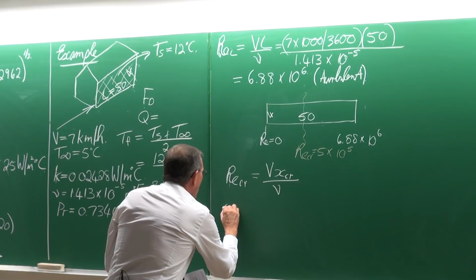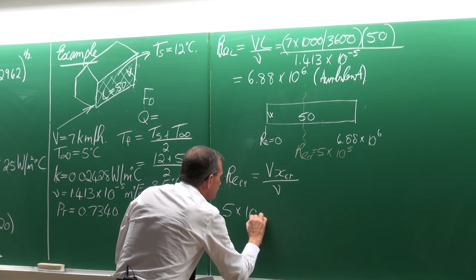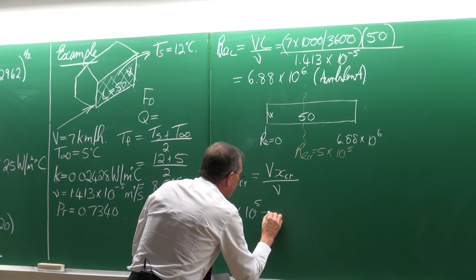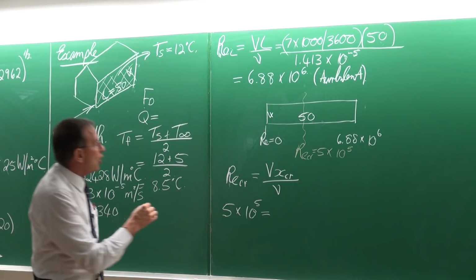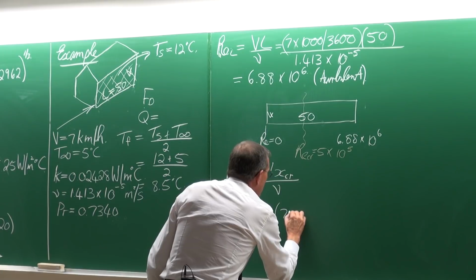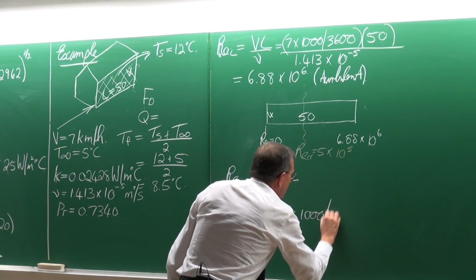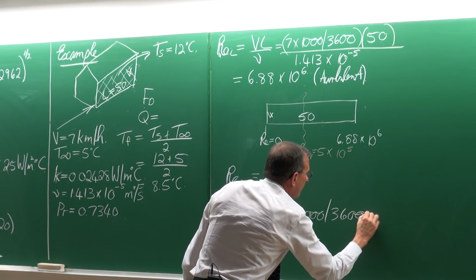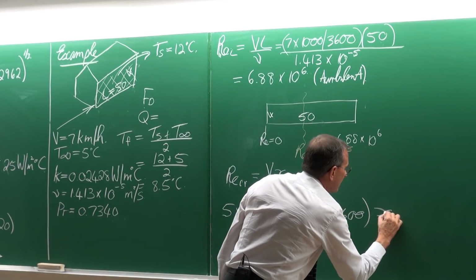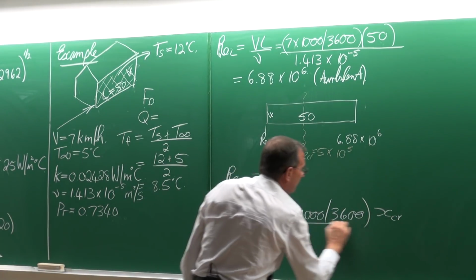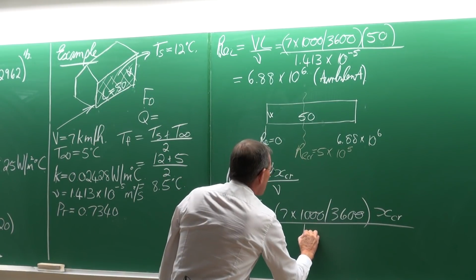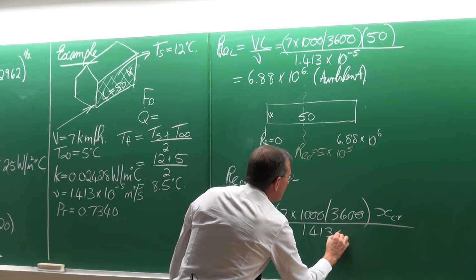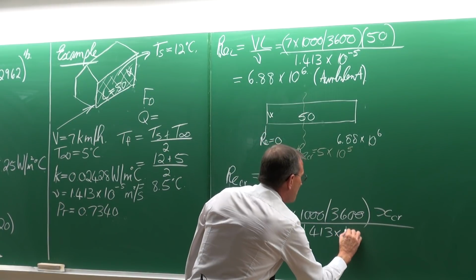We want to know at 500,000, 5 multiplied by 10 to the 5 is equal to the velocity of 7 kilometers per hour, multiplied by xcr, divided by the kinematic viscosity, which is 1.413 multiplied by 10 to the minus 5.